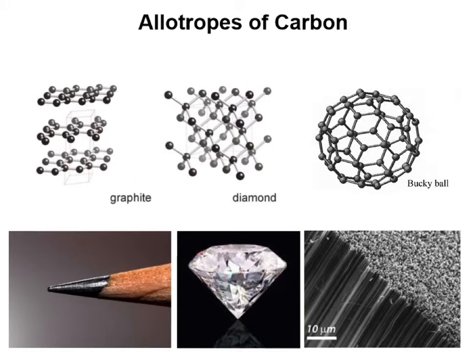Graphite is found in your pencils. It's also used as a lubricant, and some of the reason is the structure of the allotrope itself. You can see here each of these dots represents a carbon atom. And each carbon atom you can see in this structure is bonded to 3 other carbon atoms.